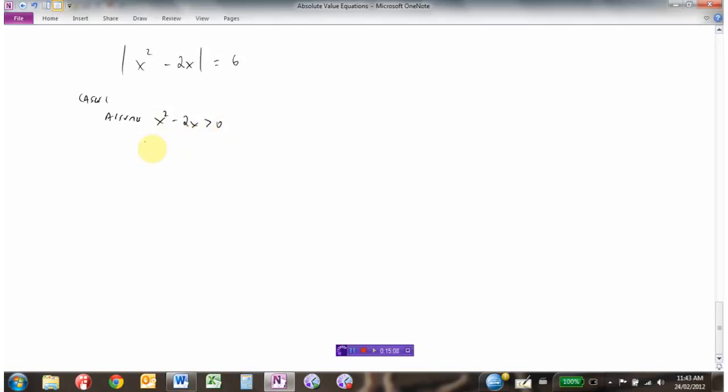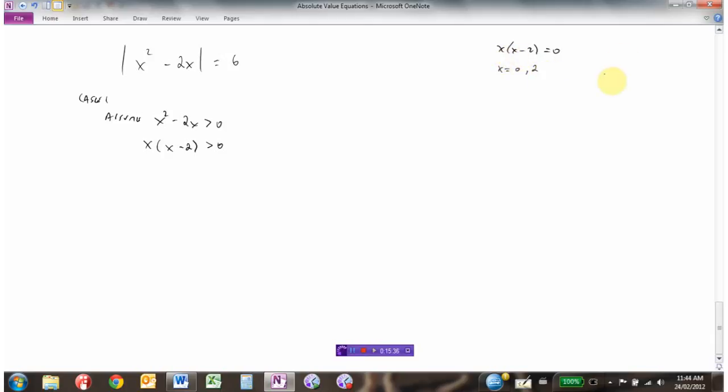What we need to do here is there's a common factor of x. We can take that out. And so what we're really asking is, where is x times x minus 2 greater than 0? Well, we could think of our roots. Where does x times x minus 2 equal 0? It equals 0 at 0 and at 2. X is 0 or x is 2.